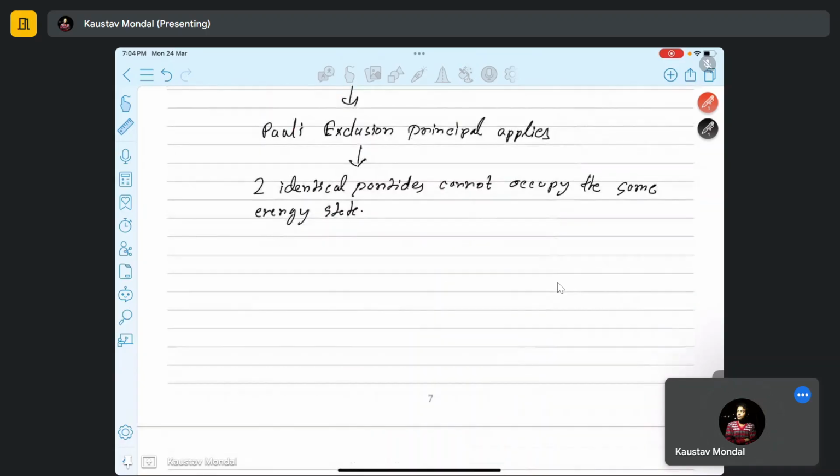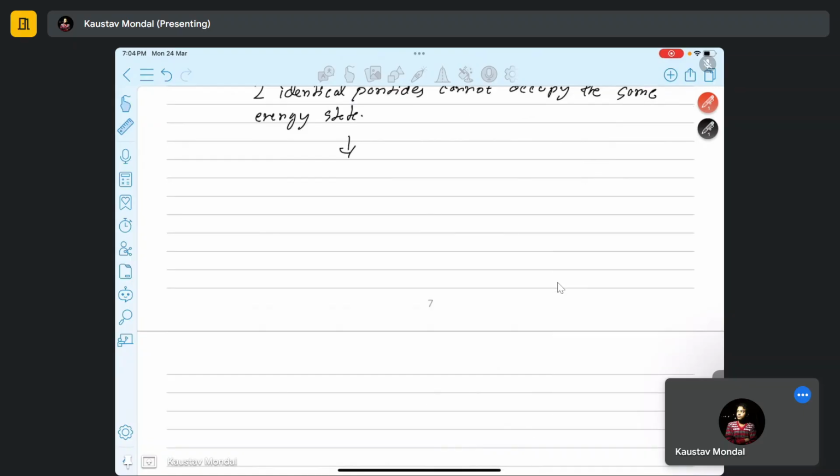So that means the probability of having both particles in the same state is basically 0.